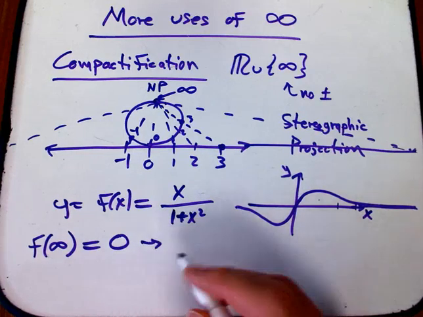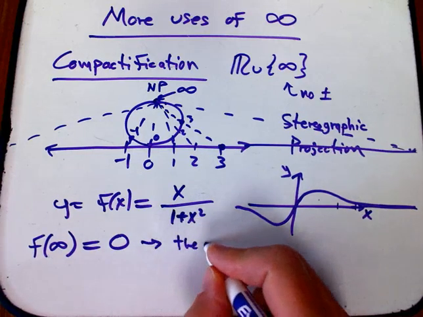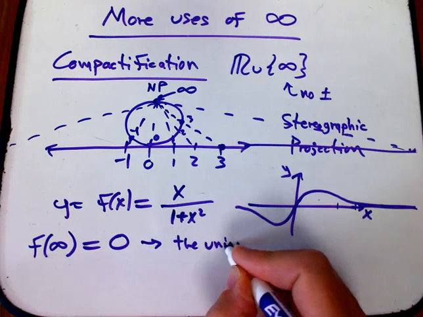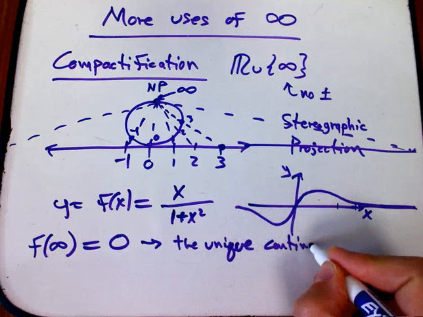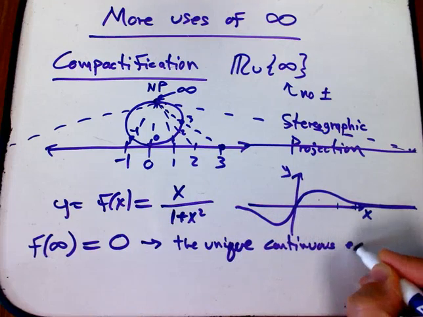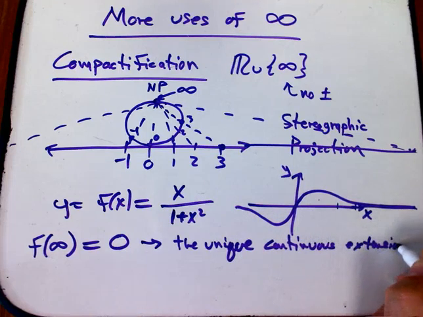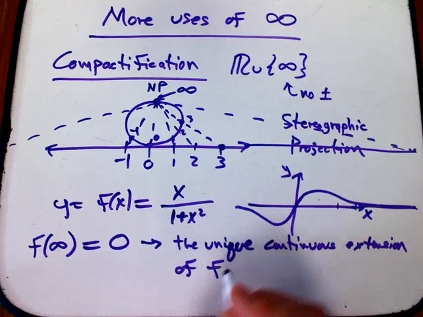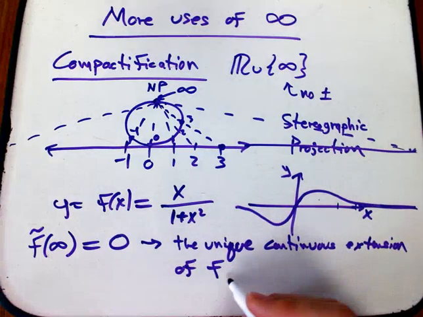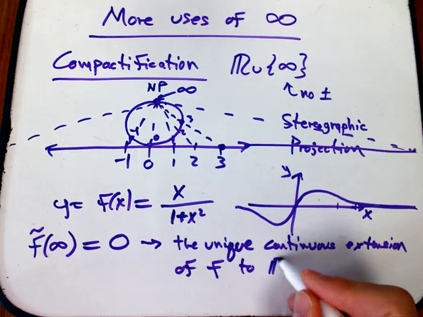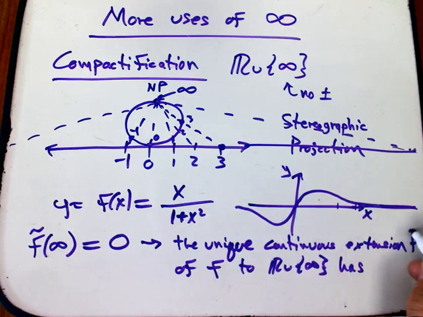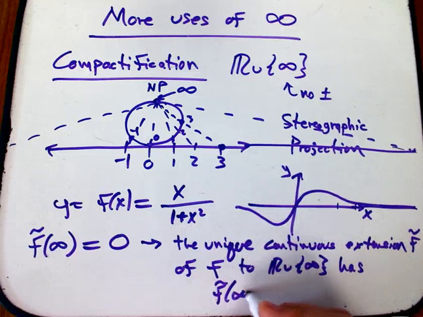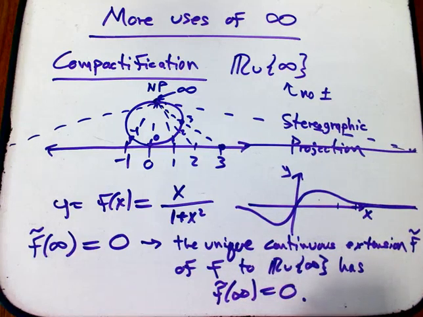So this means that the unique continuous extension of f, we could maybe even decorate it with a little tilde, to this new cool space, the compactified reals, we'll call it f tilde, has f tilde of that point give 0 as the output.